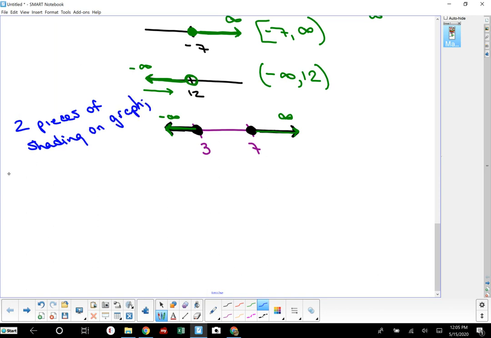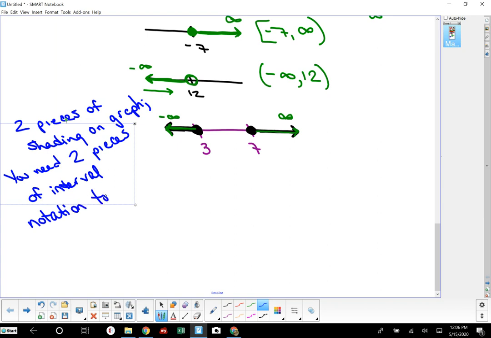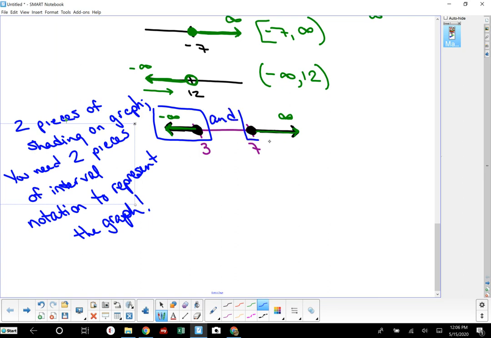So that means you need 2 pieces of interval notation to represent that graph. Okay, so let's talk about, and really the solutions are this and also this, right? So here's what we're going to do.